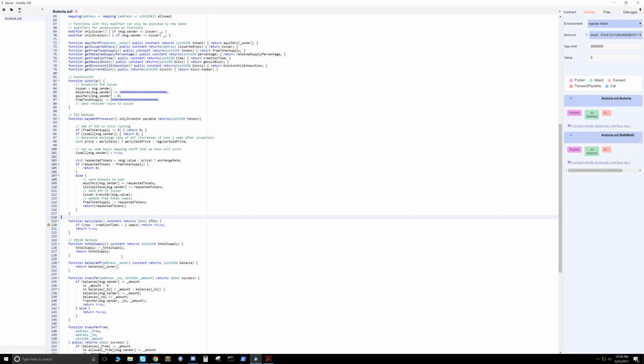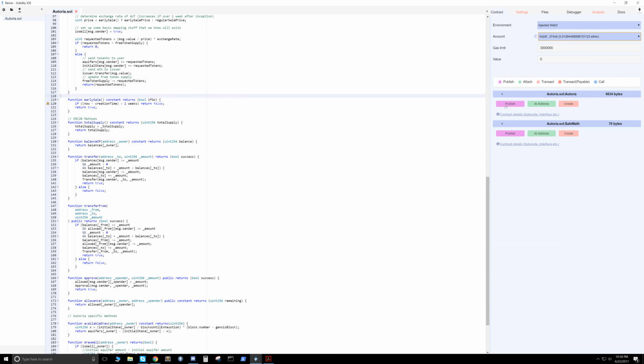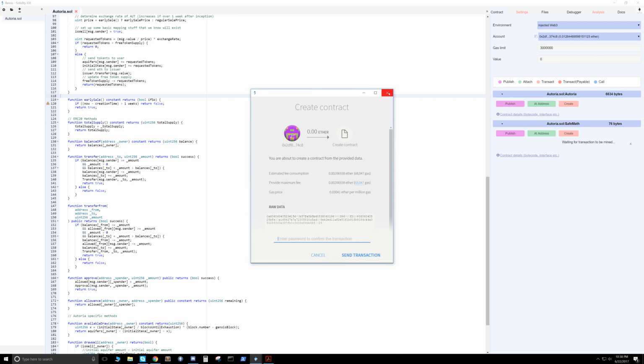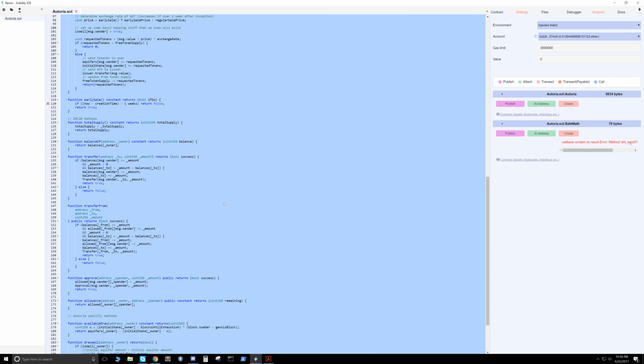So there's a few different things. I'm going to act like I'm the issuer of this. We're going to create these addresses. We're going to do this on Remix.